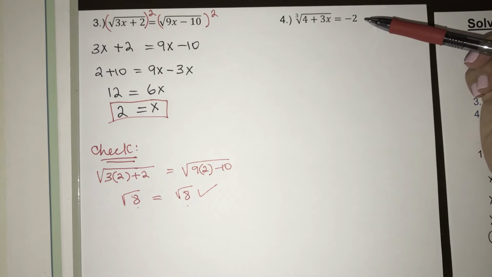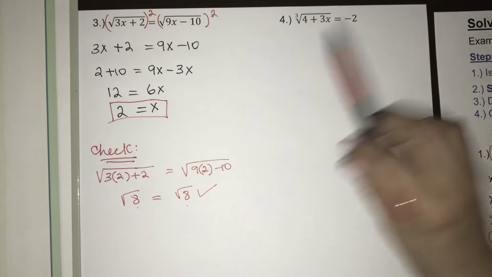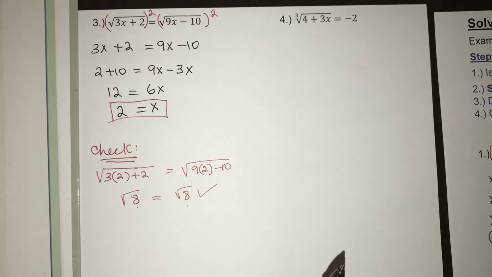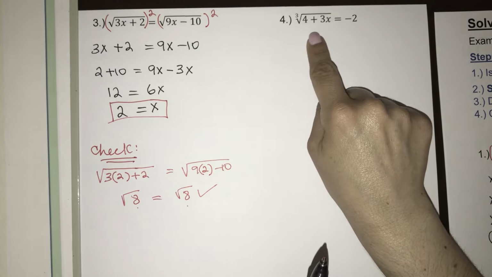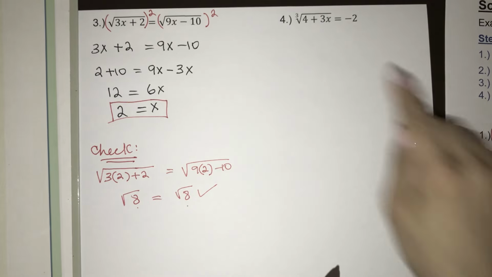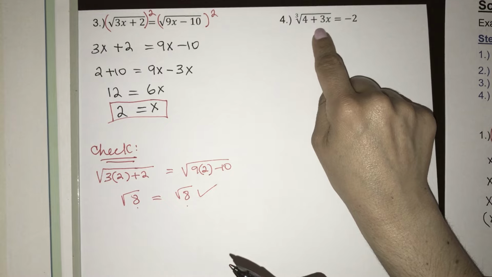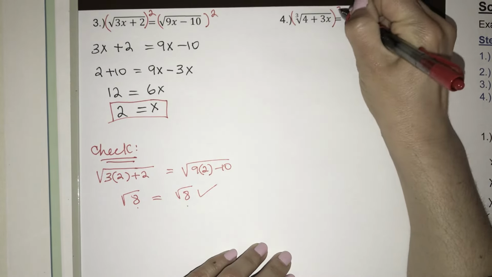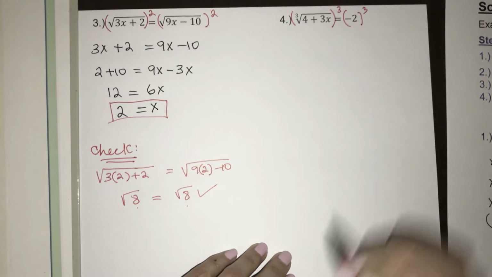Example 4, we have a cube root. The index here is 3. So when you have a cube root, we have to cube both sides. The radical is isolated, so just raise both sides to the third power.